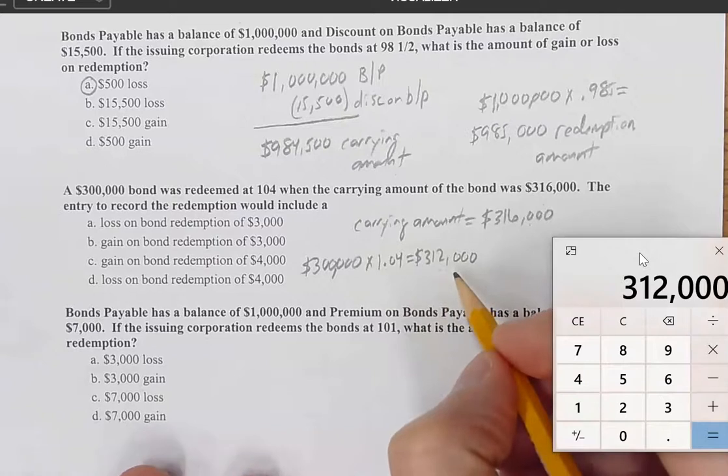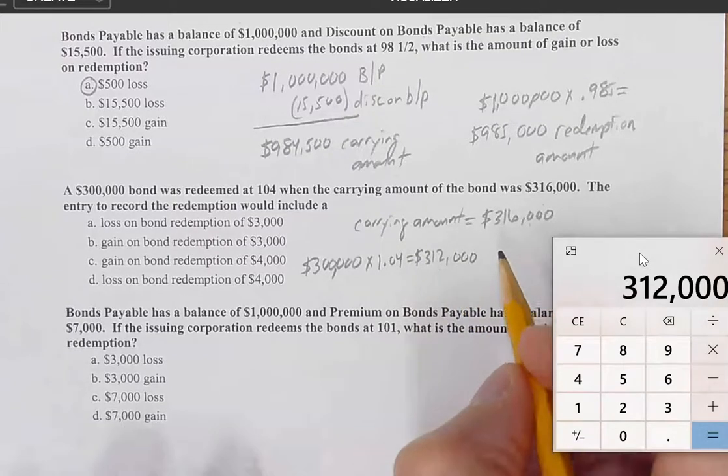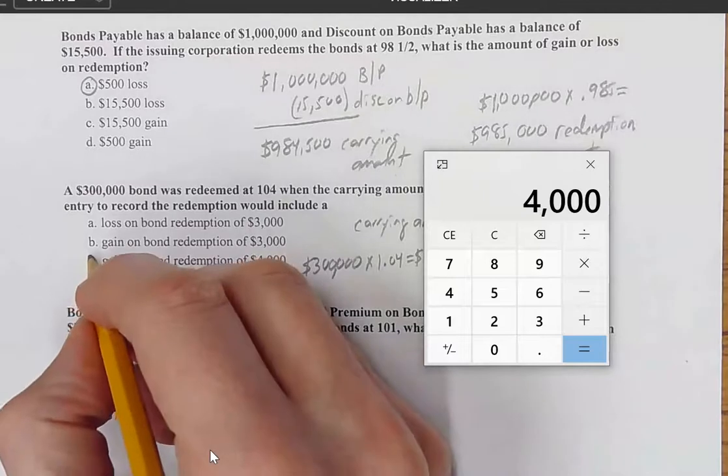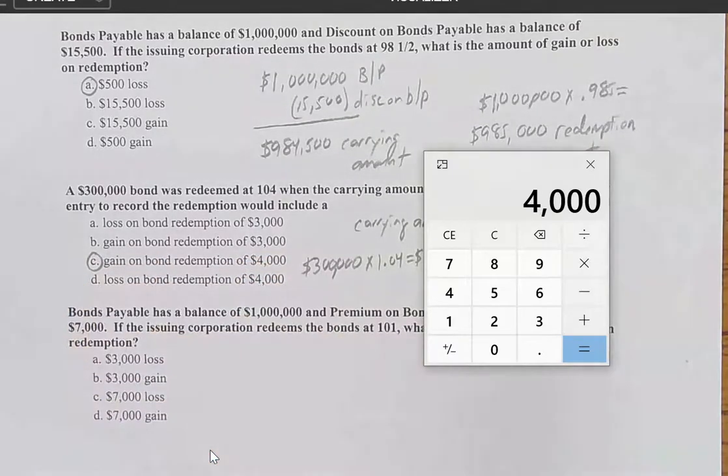So we need to look for an answer that has 316,000 is what our carrying amount was, minus the amount of redemption, 312,000, 4,000, and this is a gain. We redeemed for less than the carrying amount. That is a gain, and that matches with choice C. So let's circle it, because that's the right answer.